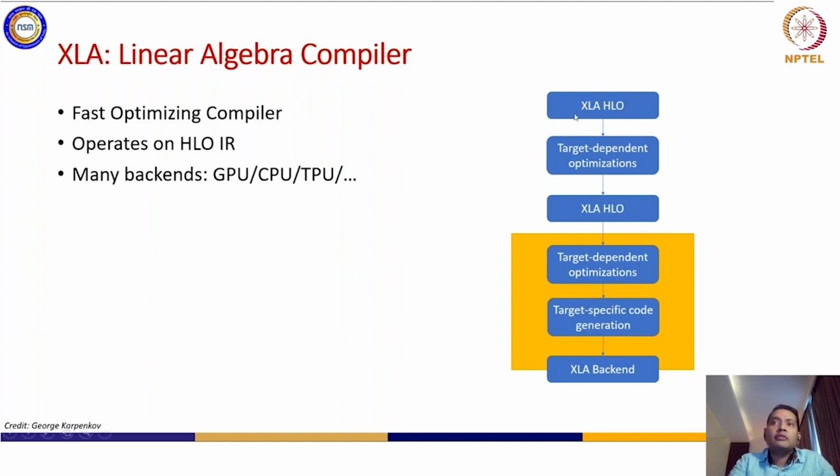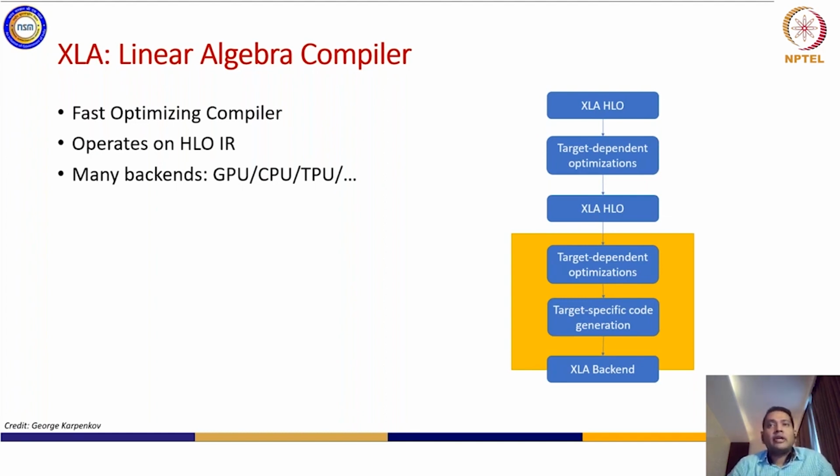The input for this compiler is HLO, the high level optimizer IR. Depending on the target-dependent optimizations, it generates another set of XLA HLO, which in turn gets converted into code generated for the XLA backend. Then the XLA backend provides the kernels for the target GPU, TPU, and CPU.